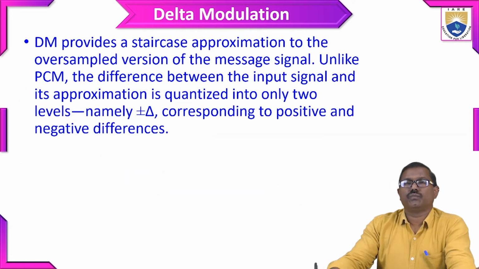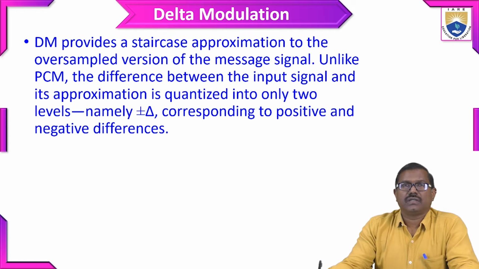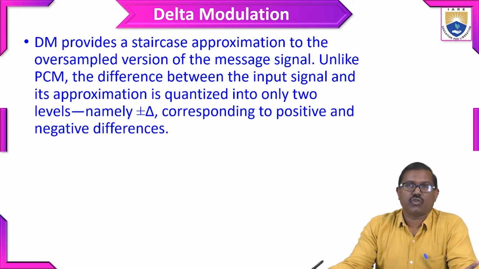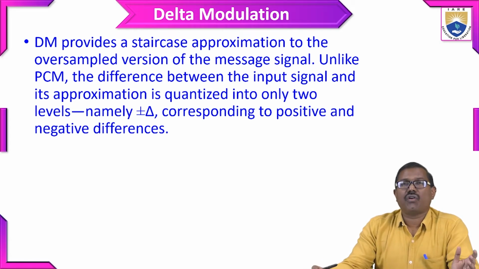Now how this conversion is done, or how this analog signal is converted into a digital one. In DM, a staircase approximation is provided to the oversampled version of the message signal.